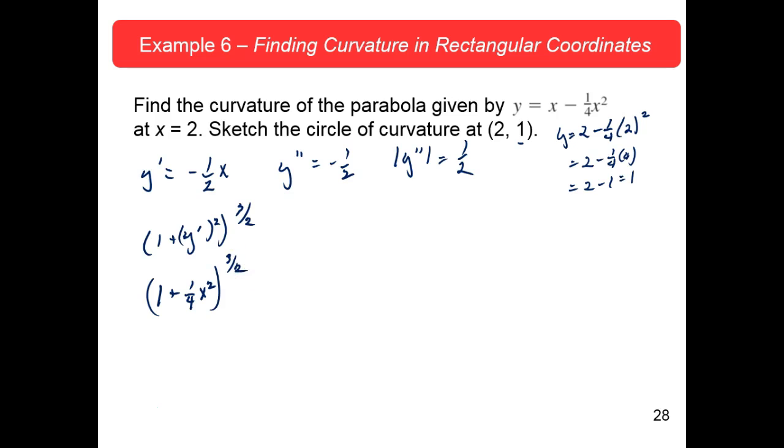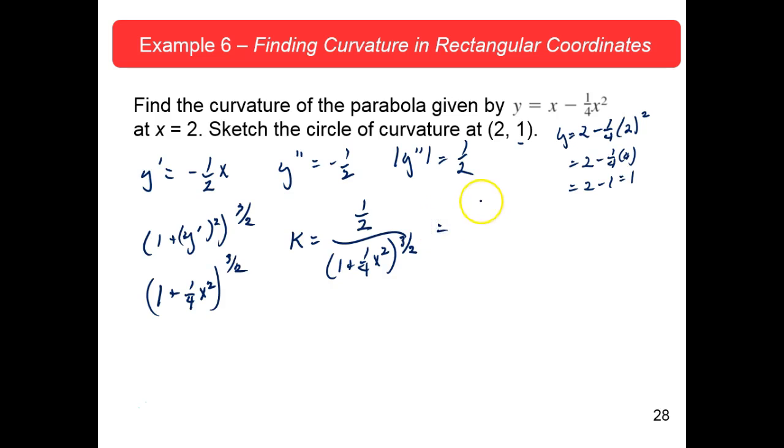So your curvature is that ratio, 1/2 over 1 plus 1/4 x squared to the 3/2 power. If I'm remembering correctly, I think that is. Now we want this when x is equal to 2.